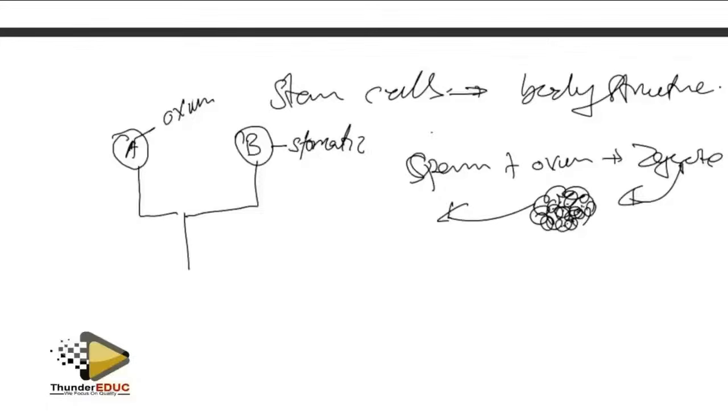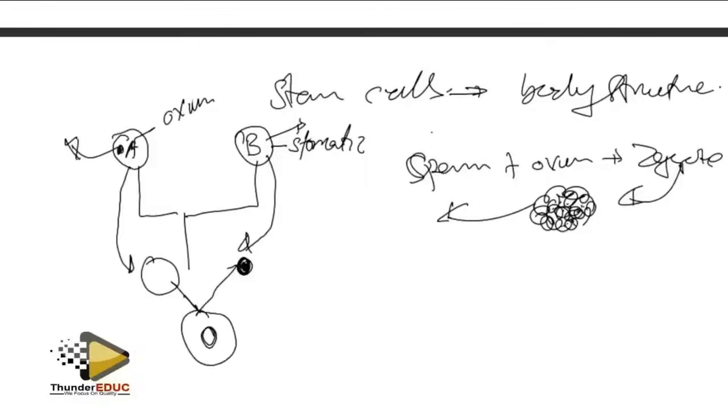What I do, I remove the nucleus of this. I go with the nucleus and throw away this shell. Here, I go with the shell, but I throw away the nucleus. I fuse them using an electrical method, and then I form a cell which looks like a zygote.